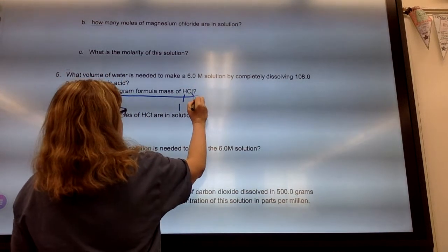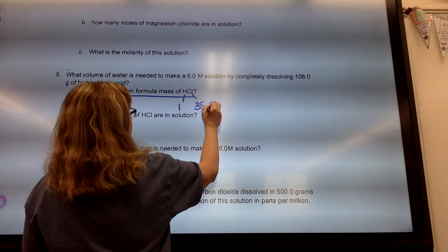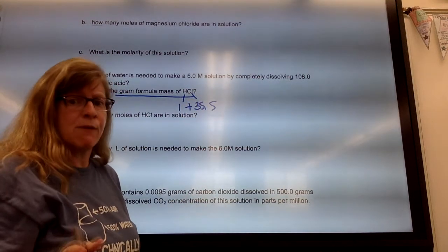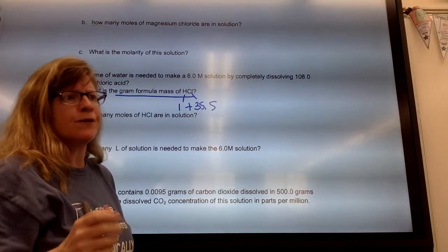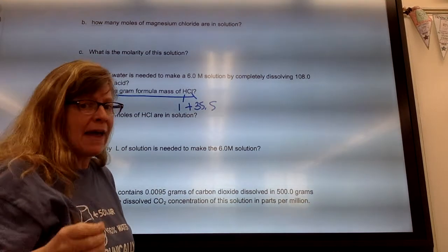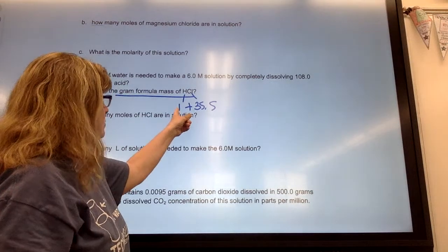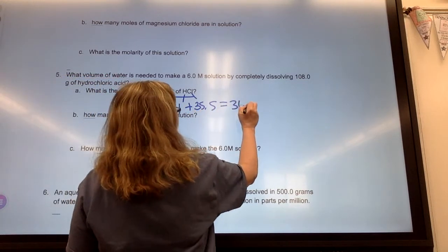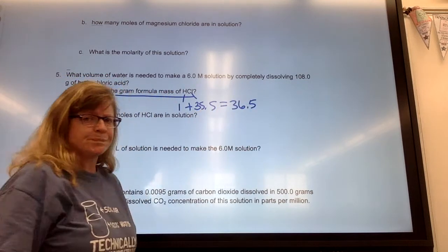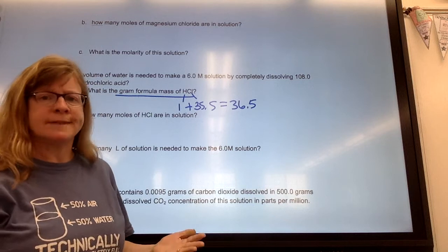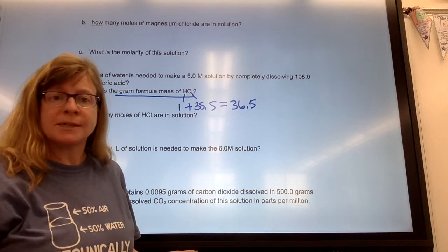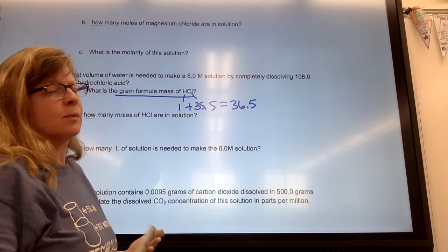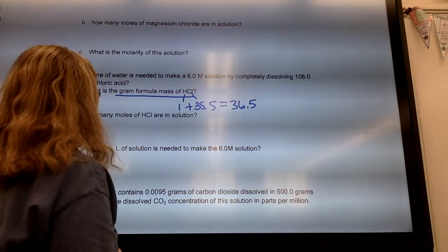H is 1, Cl is 35.5. We talked about this before. If it's not like 15.999, if it's not that close, don't round really. So 1 and 35.5, and you get 36.5. If you did round up to 37 or down to 36, I still gave you credit, but let's just be careful with our sig figs.